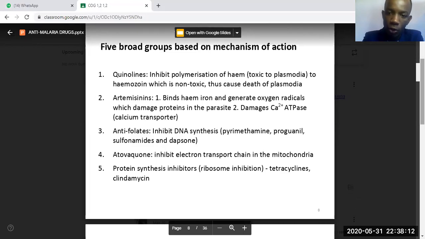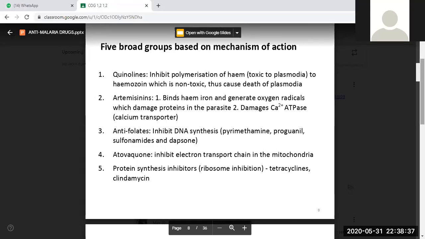Hemozoin is non-toxic to the parasite. Now, when you give quinolones, it is going to inhibit this process where the parasite changes the heme to hemozoin. Heme is toxic to the parasite. So when the quinolone is given, it is going to ensure that the heme has the toxic effect on the parasite, and then there is death to the plasmodium.